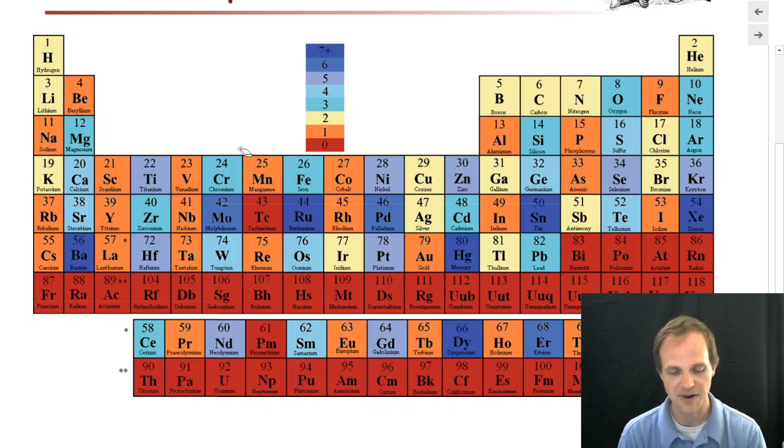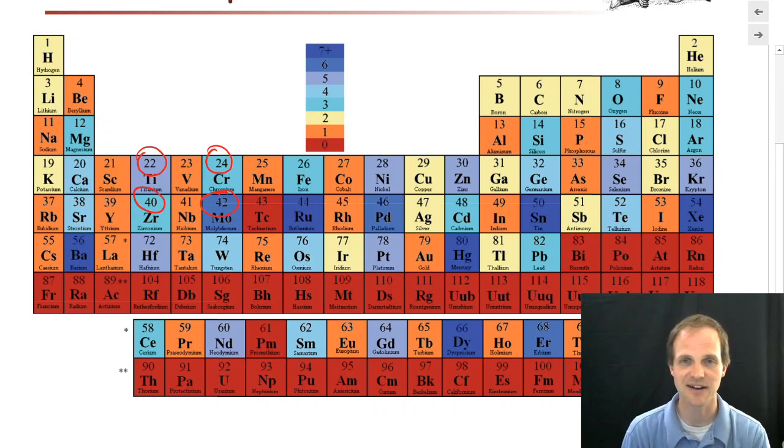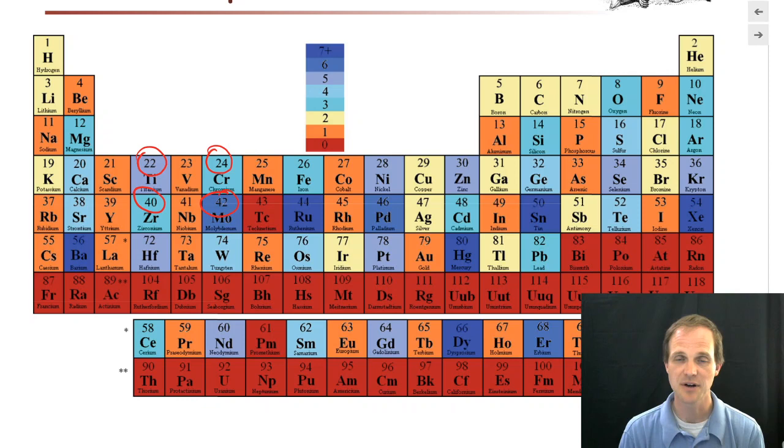Why is that? Well, if you notice, all these ones that have lots are all even numbers. And it turns out nature always loves things in pairs. Nature loves to pair electrons. Nature loves to pair protons. And so elements that have pairs of protons in them always are more stable than elements that don't.